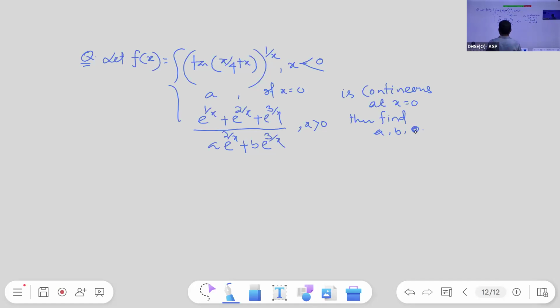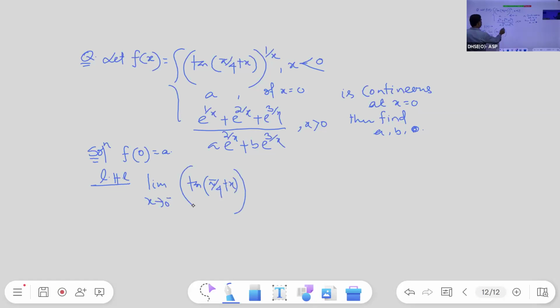Okay. So first, the functional value of the function: f of 0 is equal to a. Now calculate the left hand limit of the function, LHL, that is limit x tending to 0 minus of tan of pi by 4 plus x, whole raised to the power 1 by x.